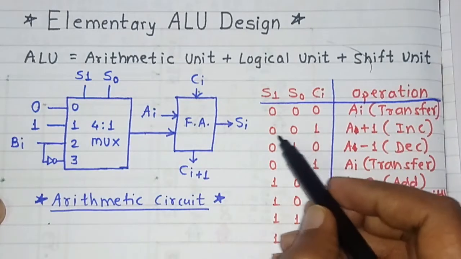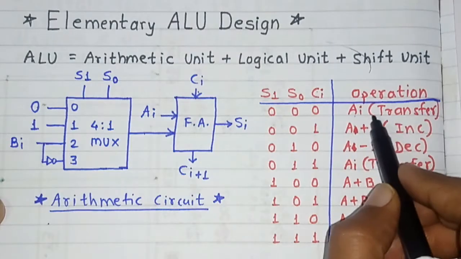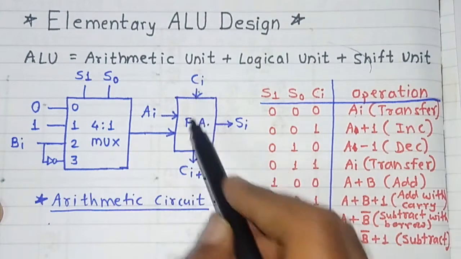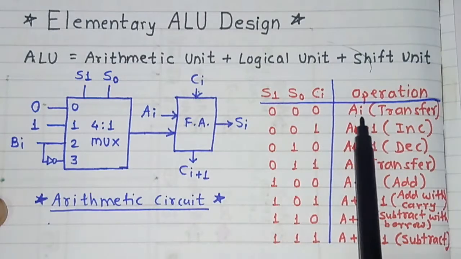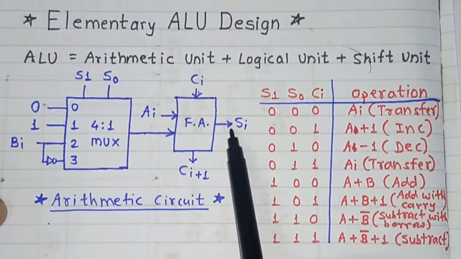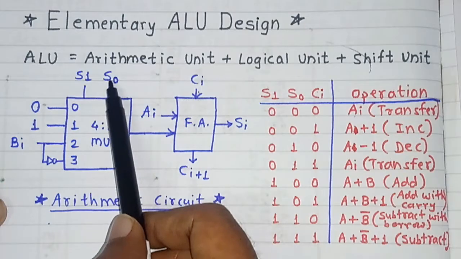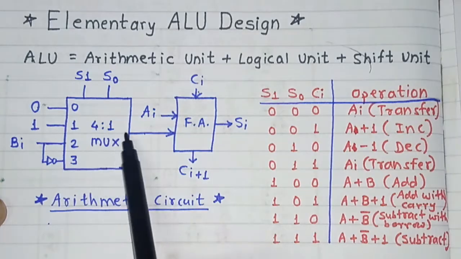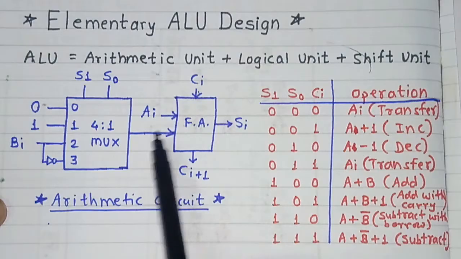The first operation is transfer of AI. Depending upon the select lines and the carry in bit, we will perform the required operation. If you want to transfer the A input to the output of the full adder, we need to make S1 S0 equal to 0 0, so that 0 is transferred to the output of the multiplexer.